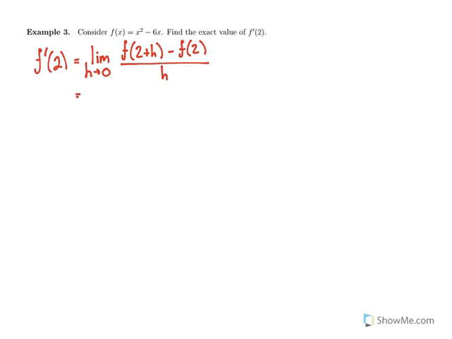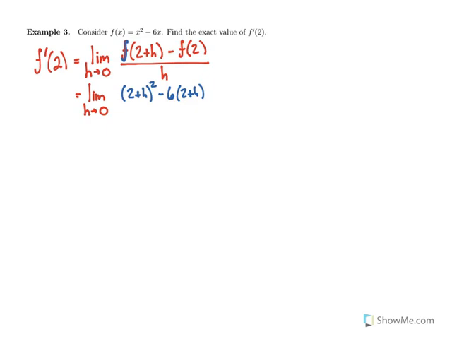So let's plug everything in. 2 plus h, we're going to plug in for x into the function. That's going to give us 2 plus h, quantity squared, minus 6 times 2 plus h.